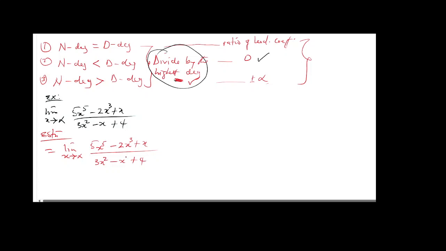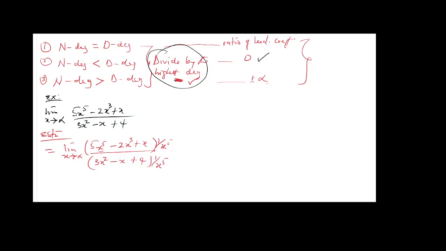Dividing both sides by the highest degree, the highest degree is x to the power of 5. So let's divide both sides. So we are going to have 1 all over x to the power of 5. The same thing here, 1 all over x to the power of 5.